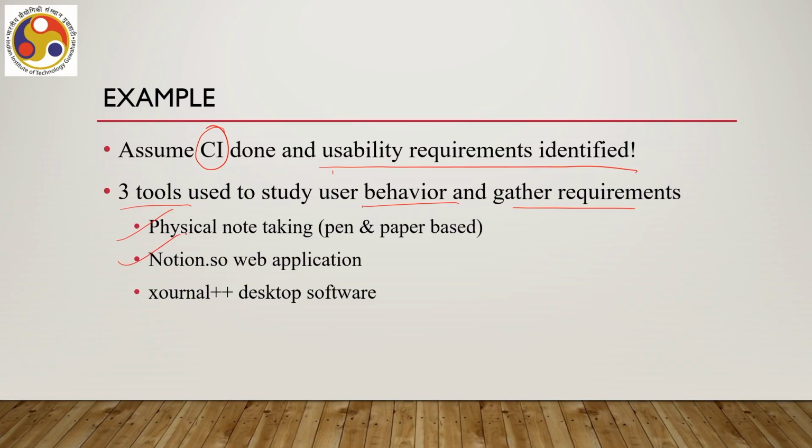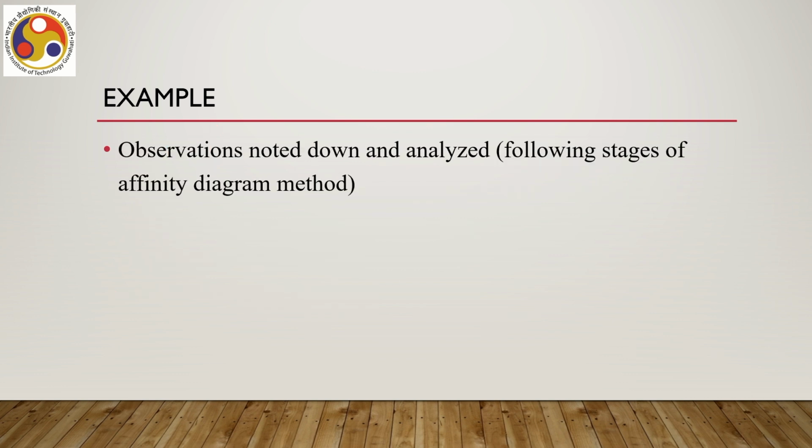Then there is one app, the notion.so web application, and Journal, a desktop software. So, we collected data assuming that the users are using either of these methods and we noted their behavior. The observations during the contextual inquiry were noted down and subsequently analyzed using the 5 steps of the affinity diagram method.